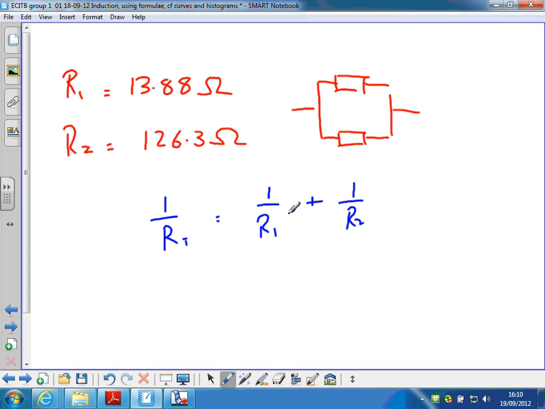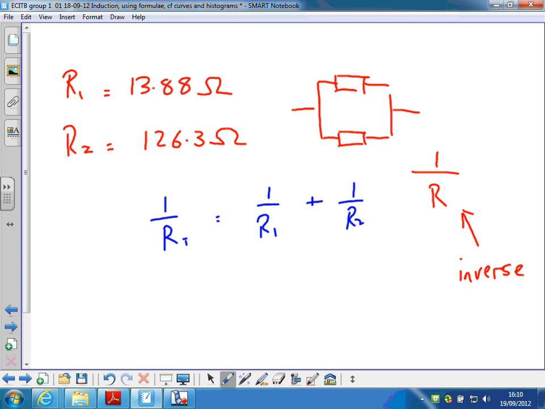Just a little bit of information for you. This 1 over something is often written as the inverse. So the inverse of R is 1 over R, literally 1 divided by it. To invert something is to spin it upside down.